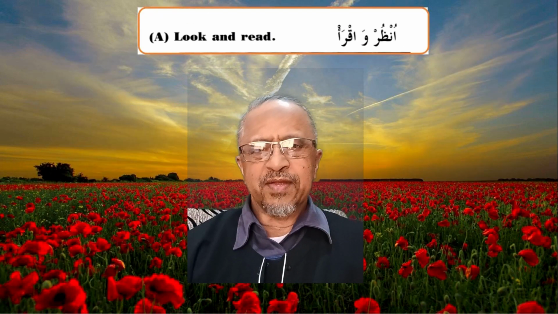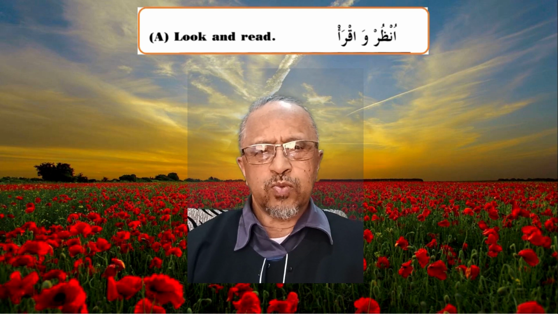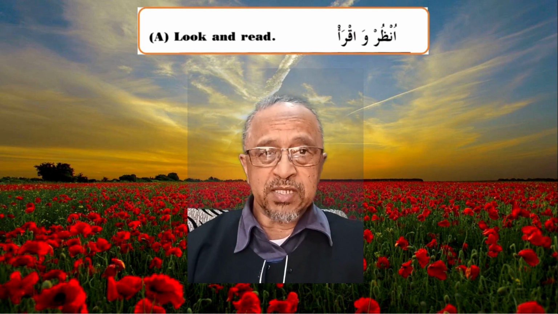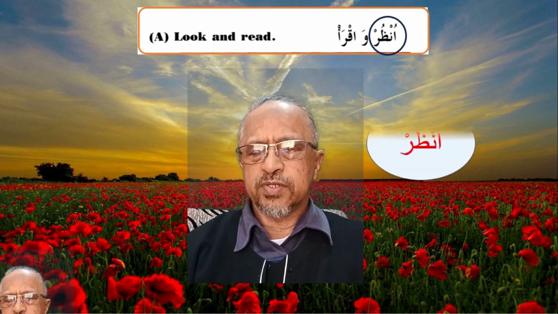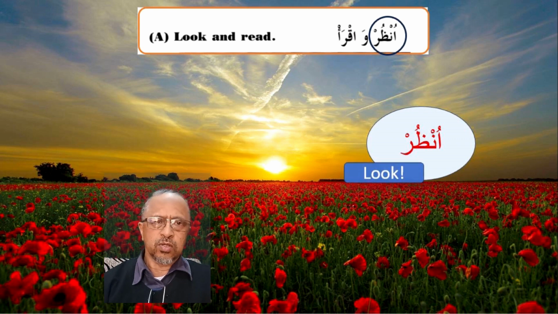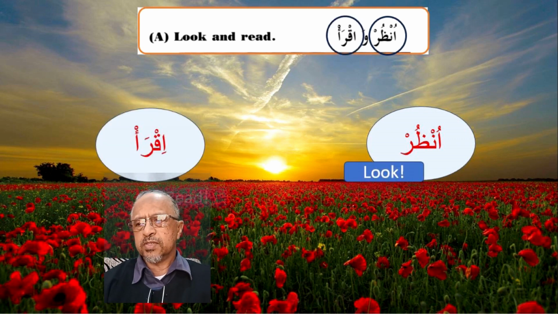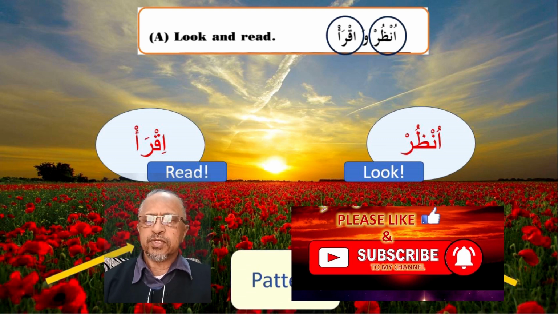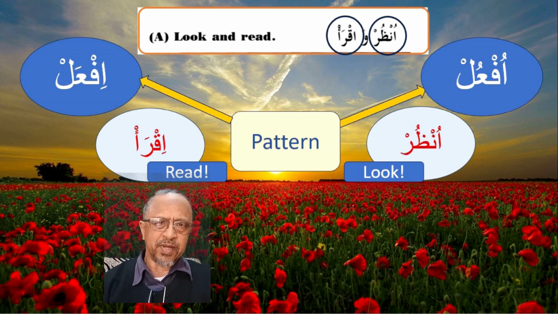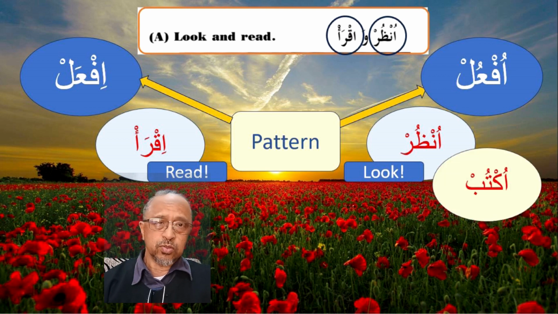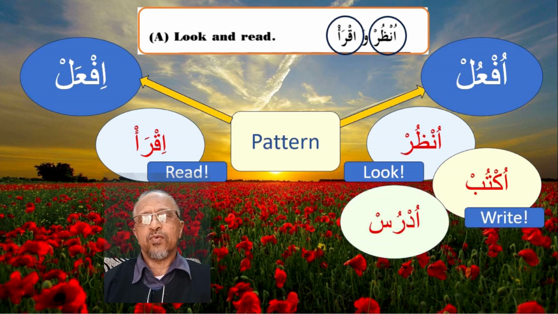Now we will quickly revise the words so that we can see if we can remember the meanings, inshallah. First of all, undur means look, and iqra means read. We said there are two patterns, the uf'ul and the if'al pattern. We don't translate the patterns, so don't worry about that. Then we have uktub, which means write. Then udrus, which means study.